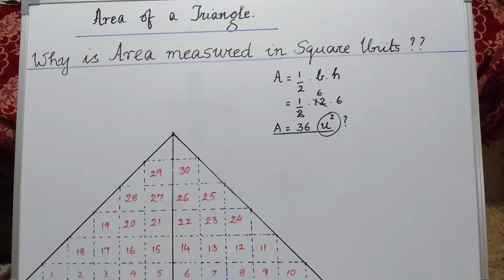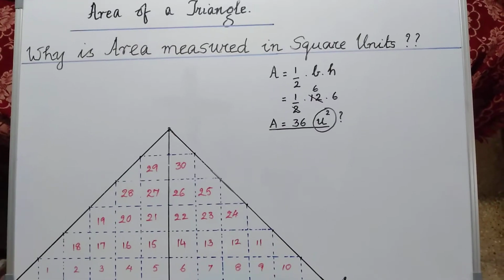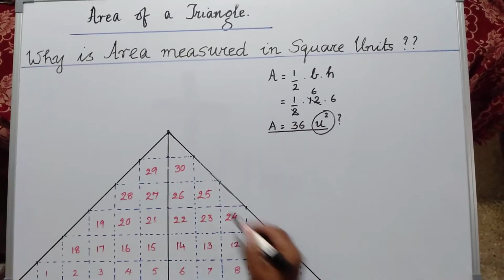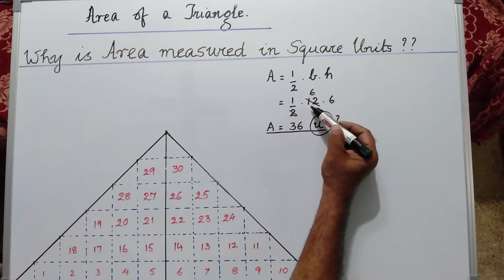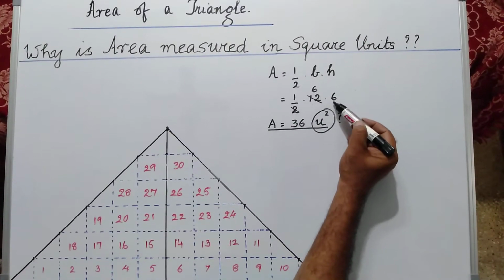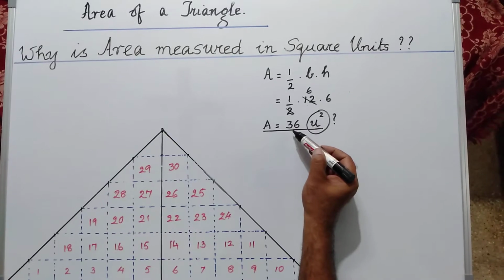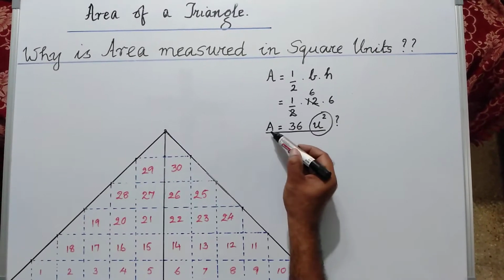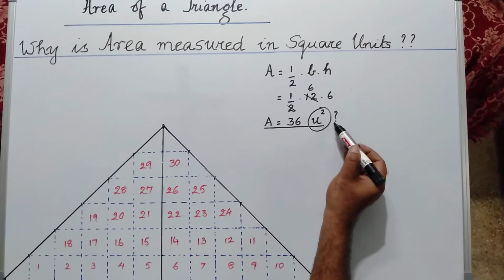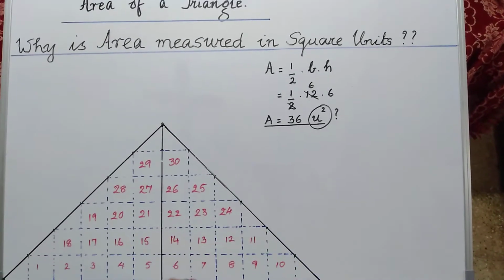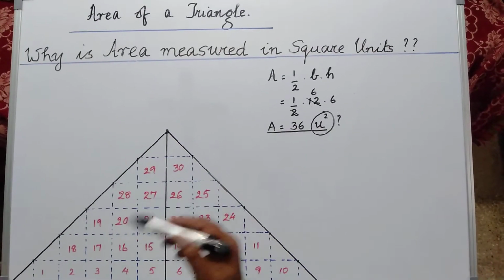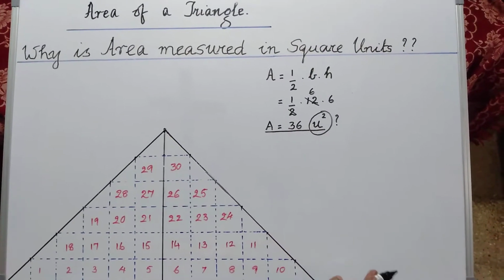So this is the triangle. The triangle had base equal to 12 units and height equal to 6 units, and using the formula, the area was calculated to be 36 square units. I am now going to the finer aspects of that.